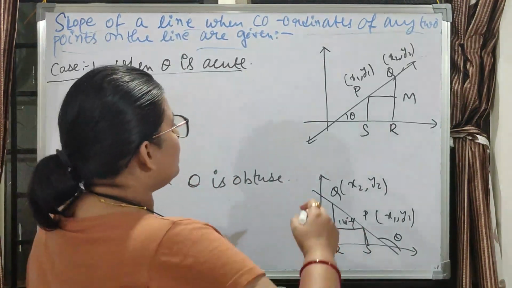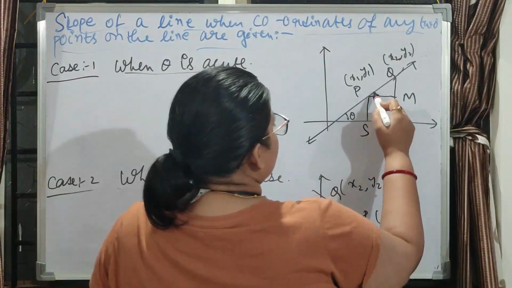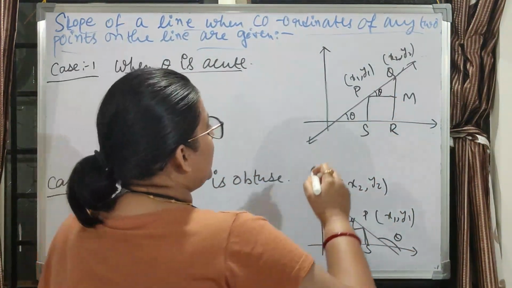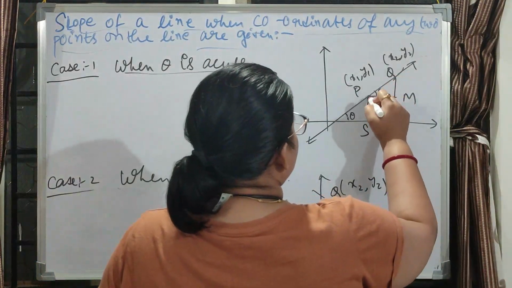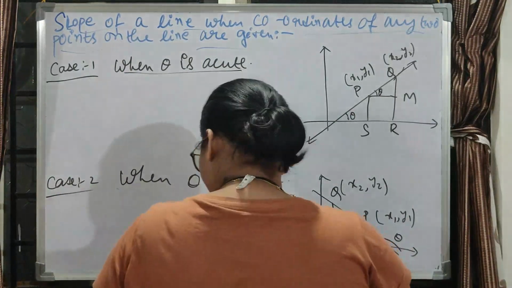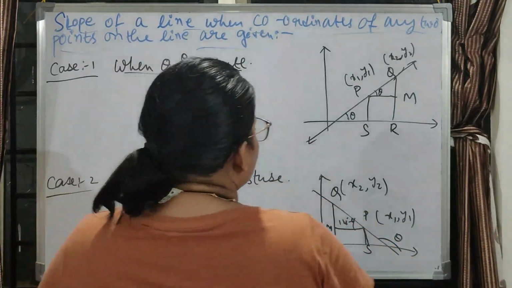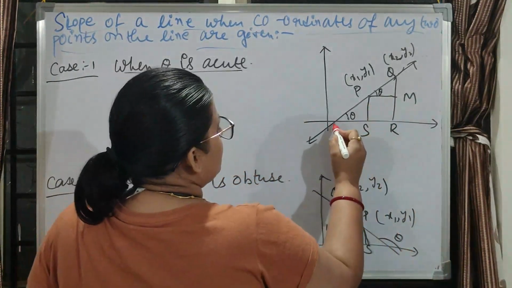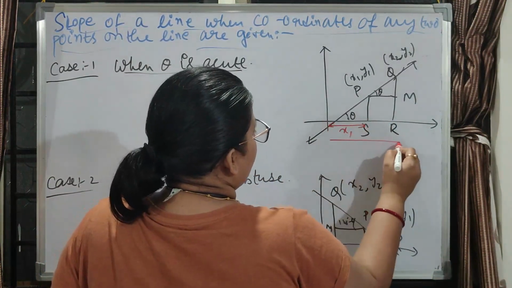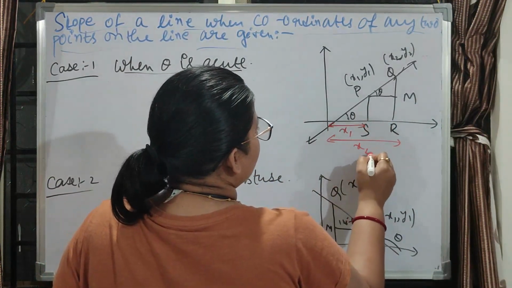So for the acute angle, this one is theta. So this also will become theta. And we have the coordinates P and Q. This is P point, this is Q point. x1, y1, x2, y2. So here, see, this one is x1 and this one is x2.